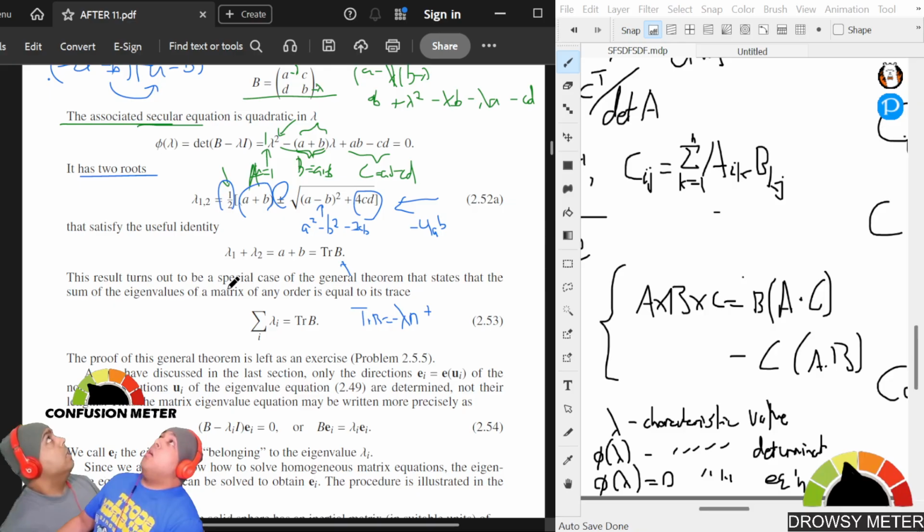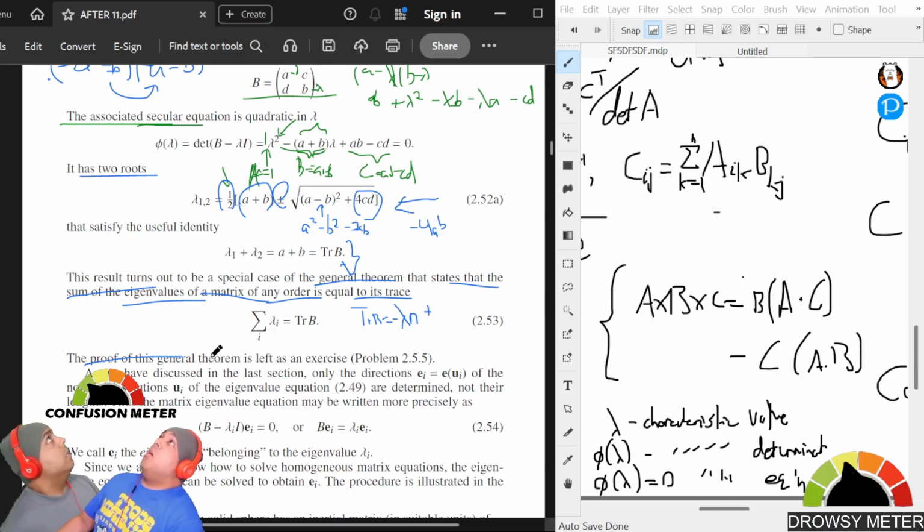The result turns out to be a special case of the general theorem that states that the sum of eigenvalues of a matrix of any order is equal to its trace. The sum of the eigenvalues of a matrix is equal to its trace.